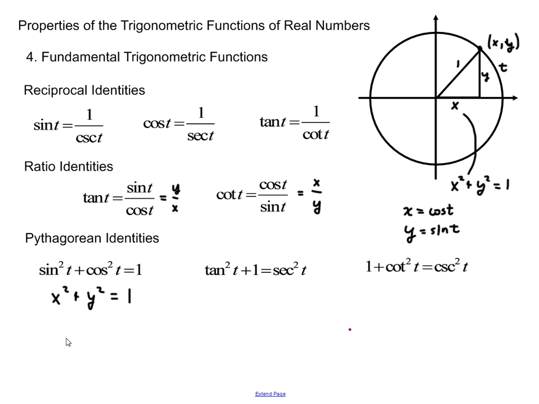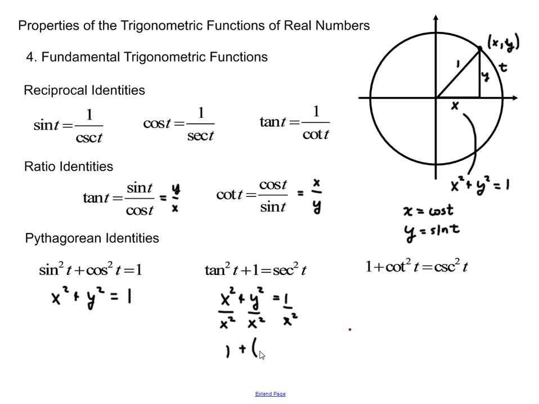That only makes sense. But let's try an experiment. Let's take this equation right here, x squared plus y squared equals 1, and divide everything by x squared. What happens? Well, x squared divided by x squared is 1.